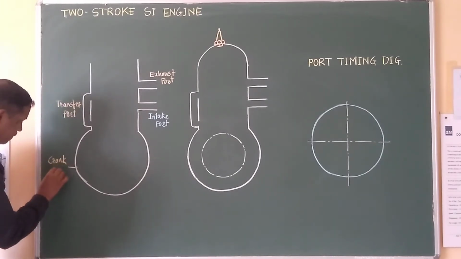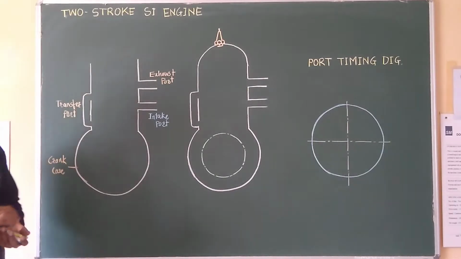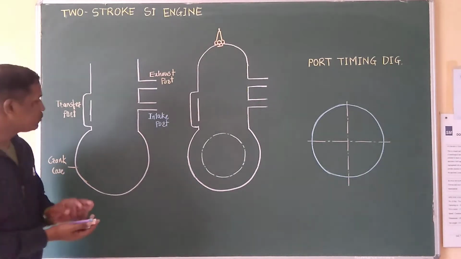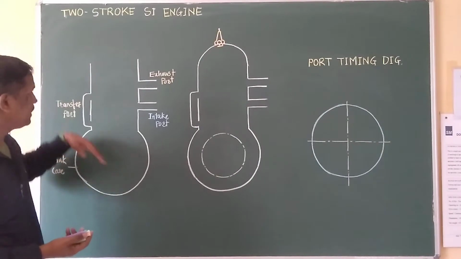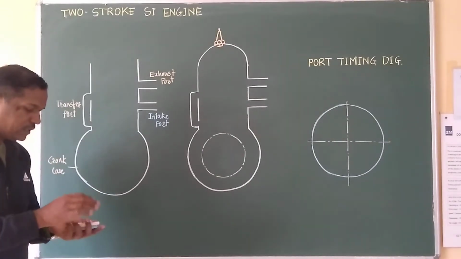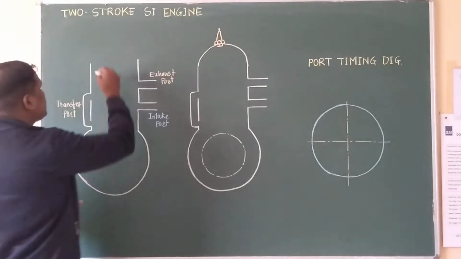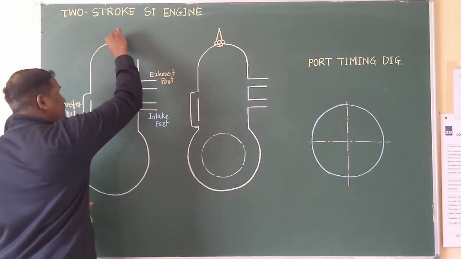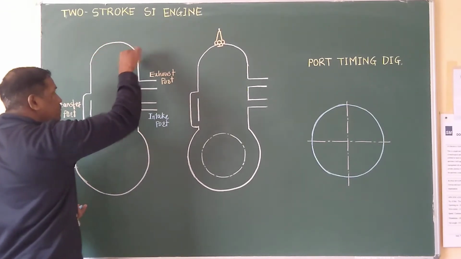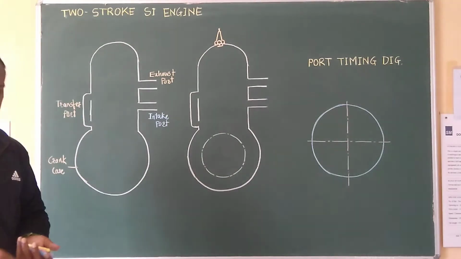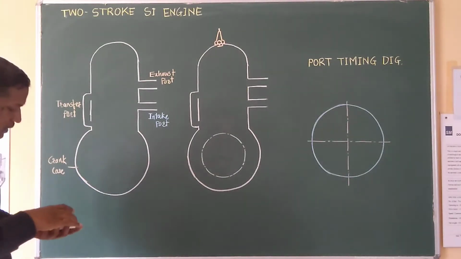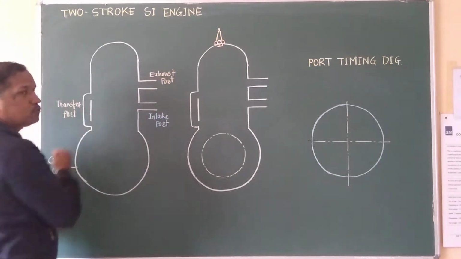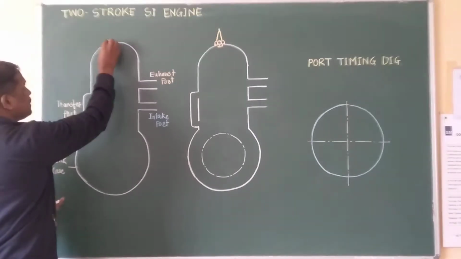So it will be an airtight crankcase, because we have to use both sides of the piston, bottom side as well as top side. Now on the top side there is a dome shaped head. So the cylinder head will be like this.